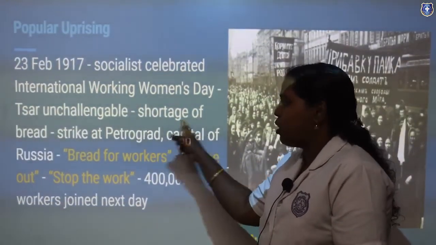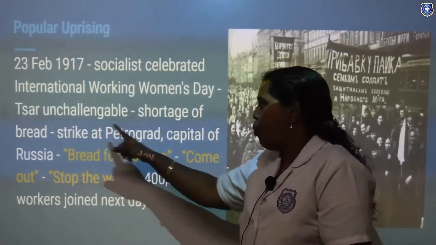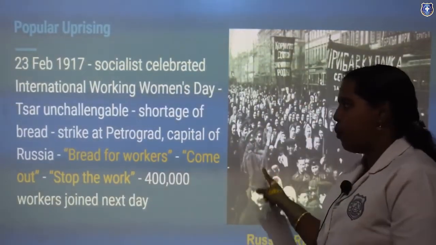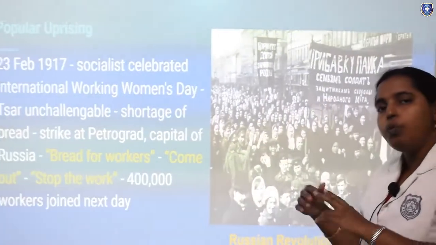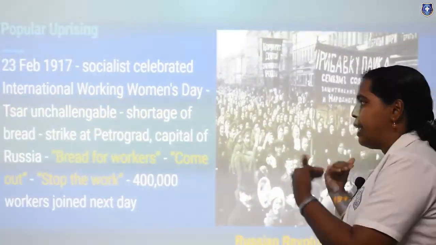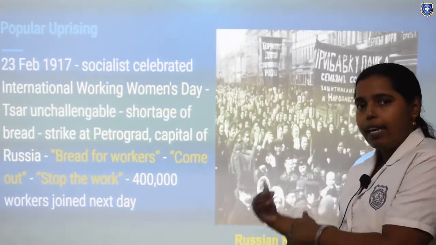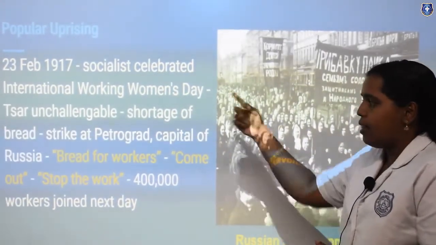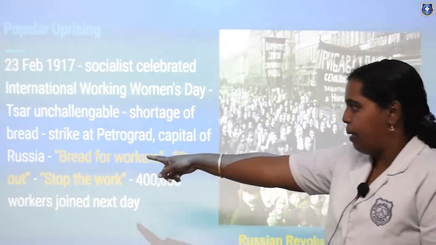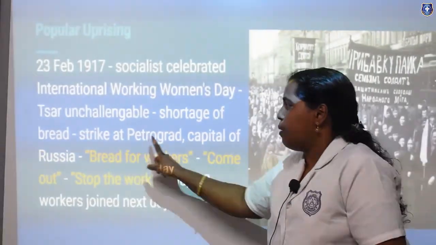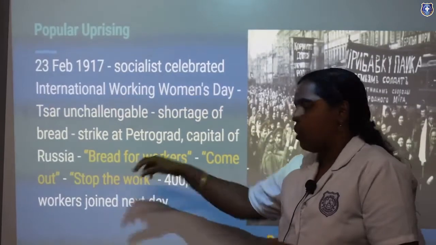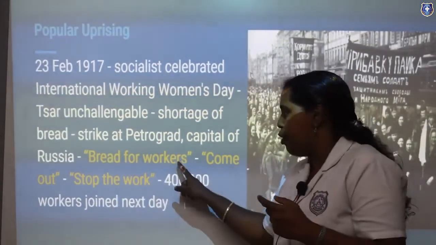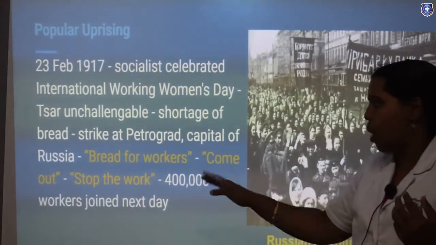There was a shortage of bread at that time, and the women, whose men were in the army, created a revolt. They came together and stood against the government, and started a strike at Petrograd, the capital of Russia. The key words are: bread for workers, come out, stop the work.